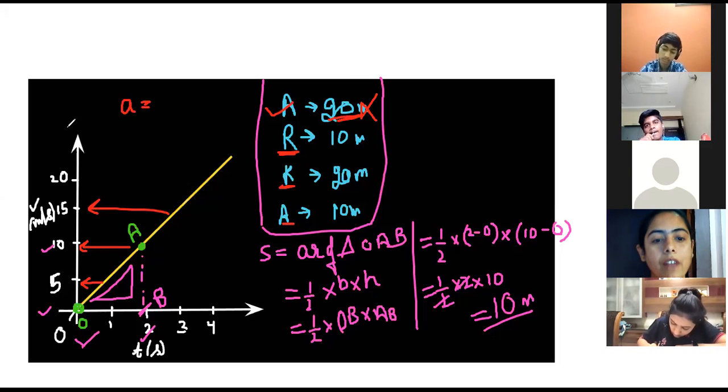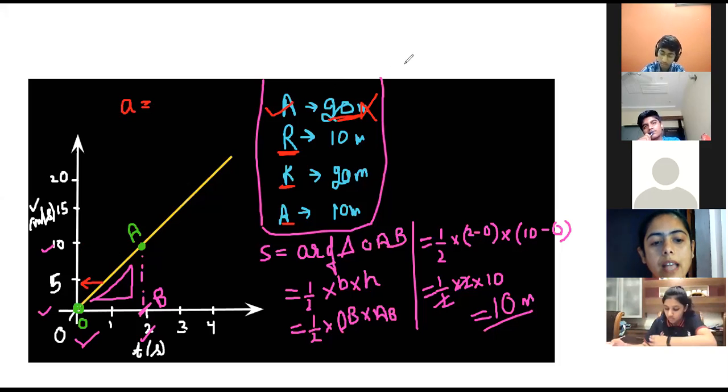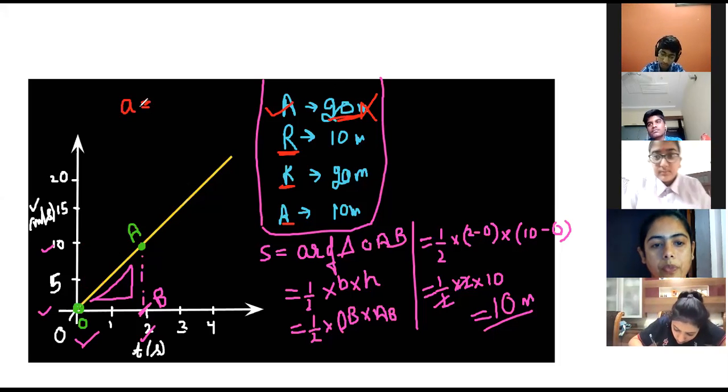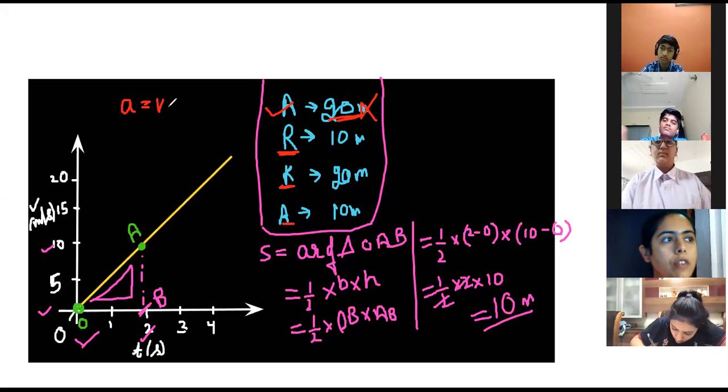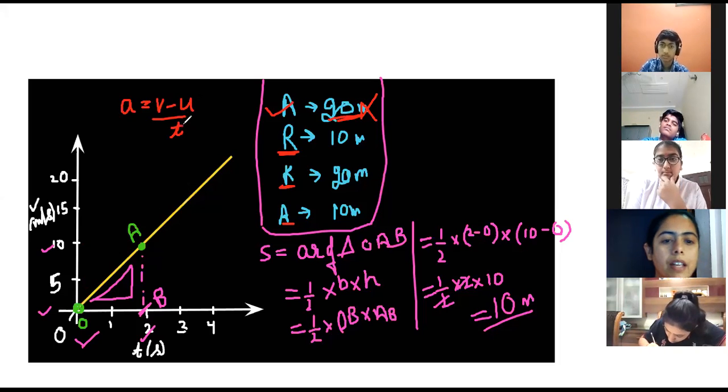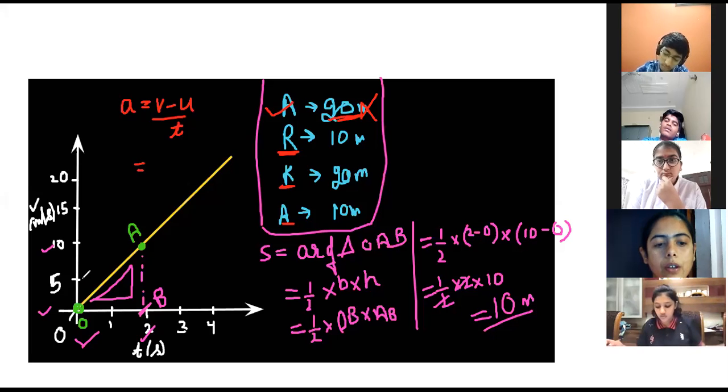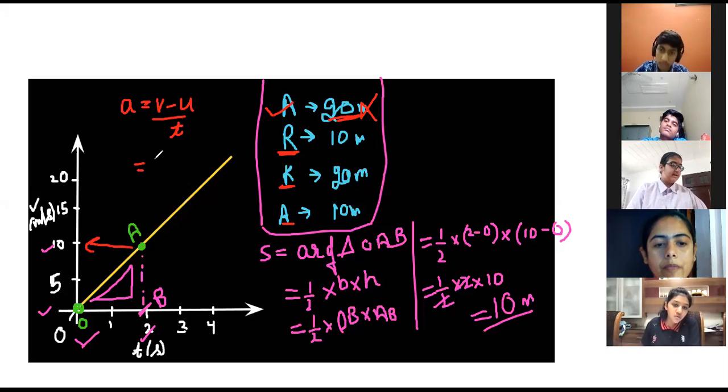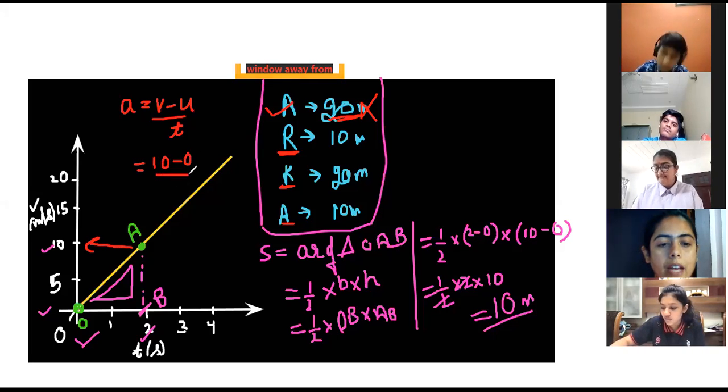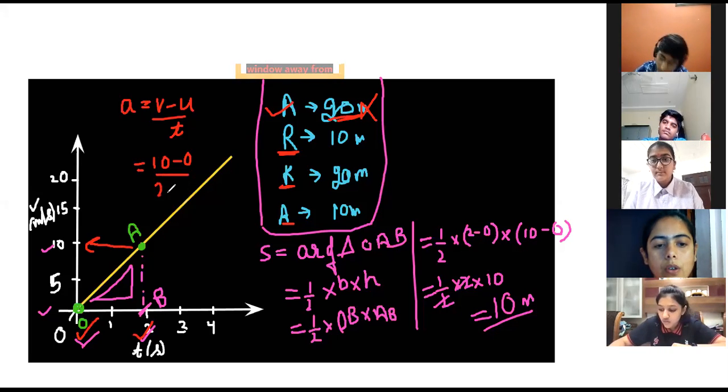Now let's find out from O to A, what is the acceleration? So that is V minus U over T. From O to A, at A final velocity is 10, minus at O initial velocity 0, divided by the time from O to A. 0 to 2, that is 2 minus 0.